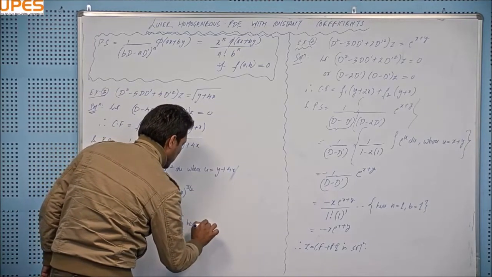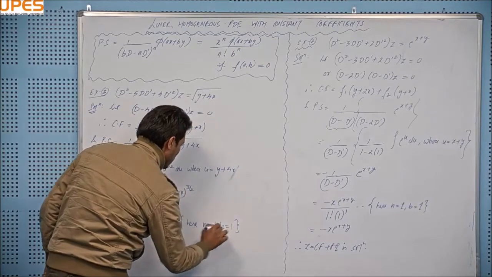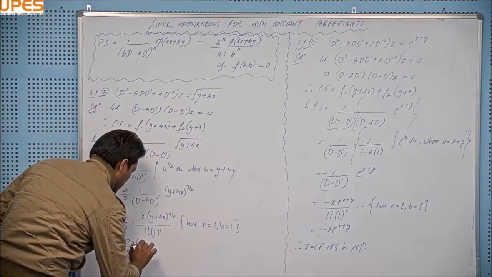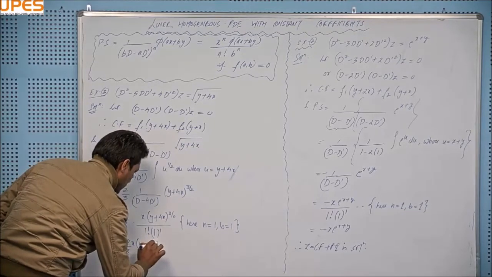Here n equal to 1 and b is also equal to 1, so ultimately the answer will be 2 by 3 x, y plus 4x to the power 3 by 2.